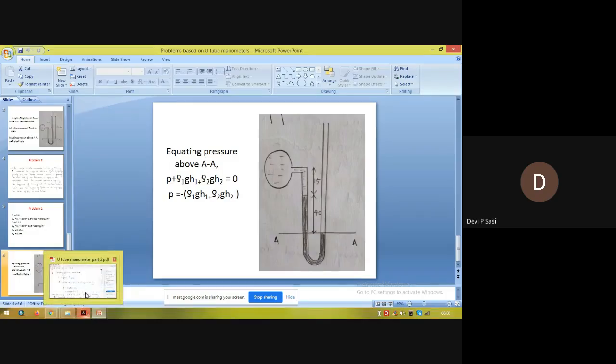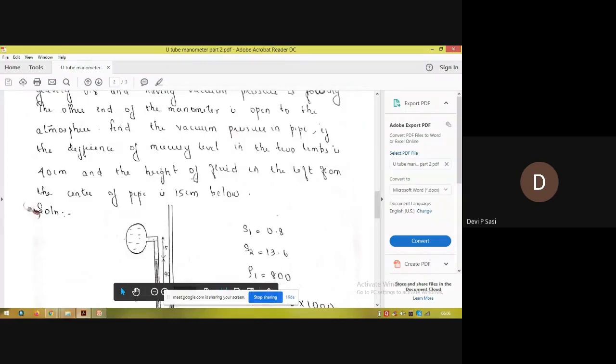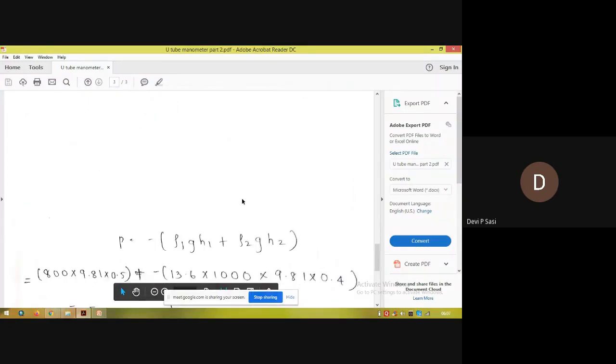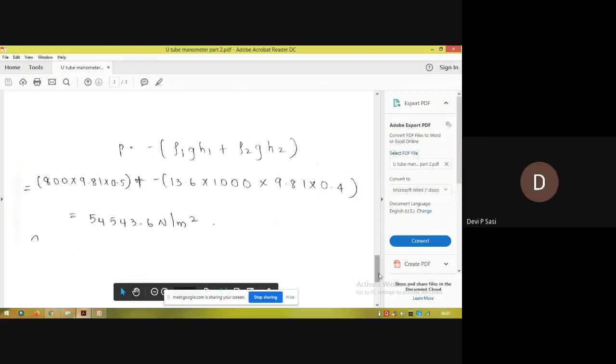So let's substitute the values. Now P is equal to minus of rho 1 g H1 plus rho 2 g H2. Substituting the values: 800, that is rho 1, into g 9.81 into H1 0.15, plus 13.6 into 1000, that is rho 2, into g 9.81 into H2 0.4.